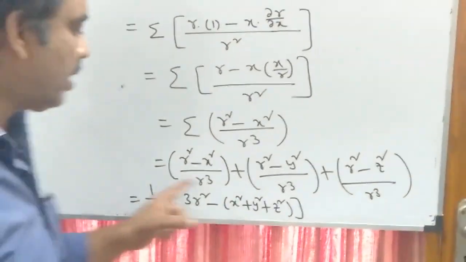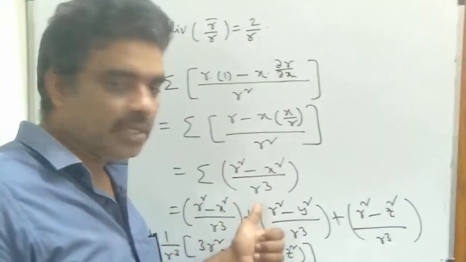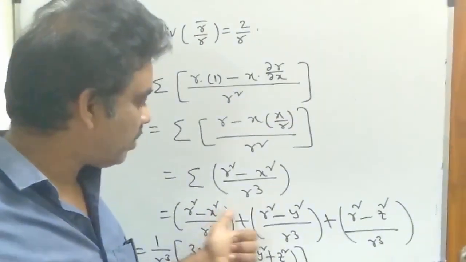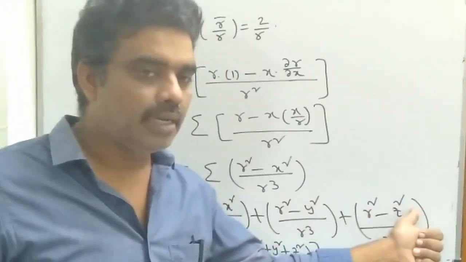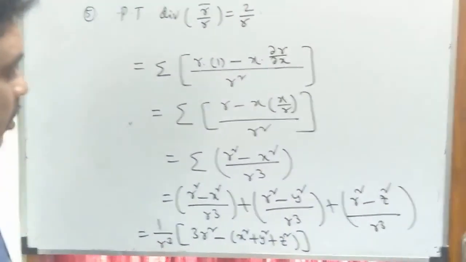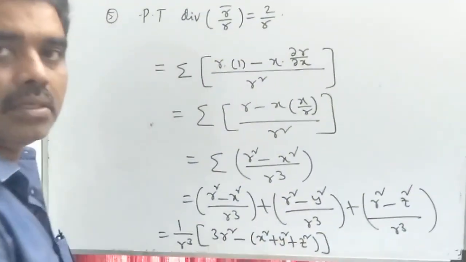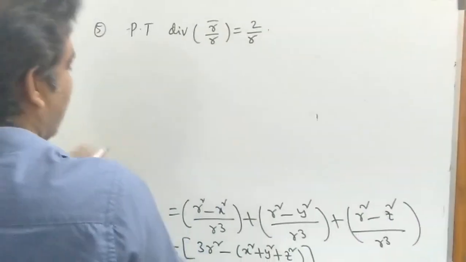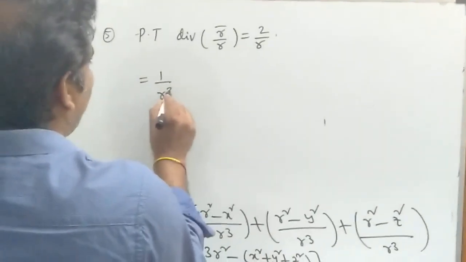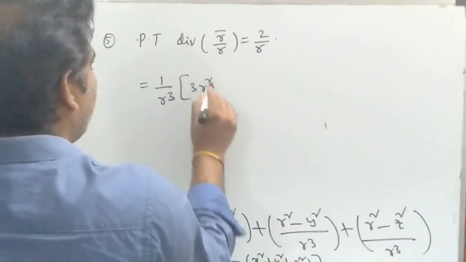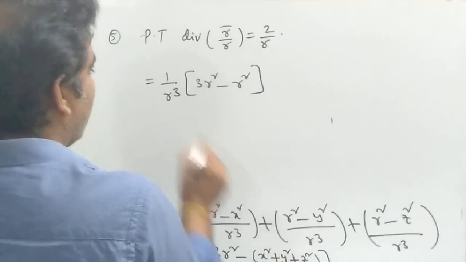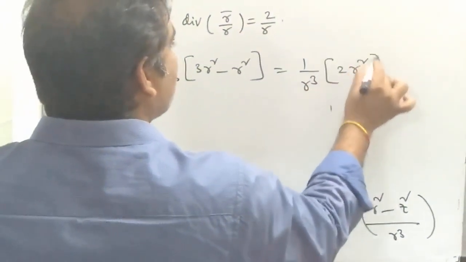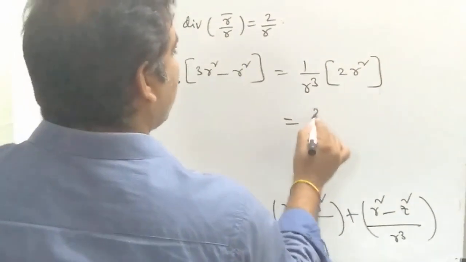But x square plus y square plus z square is r square. So this is 1 by r cube into (3r square minus r square), that is 1 by r cube into 2r square. R square cancels.